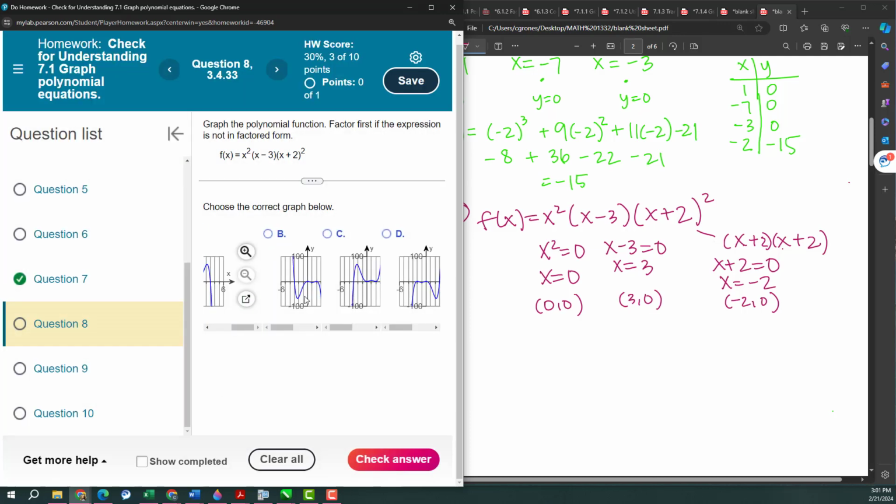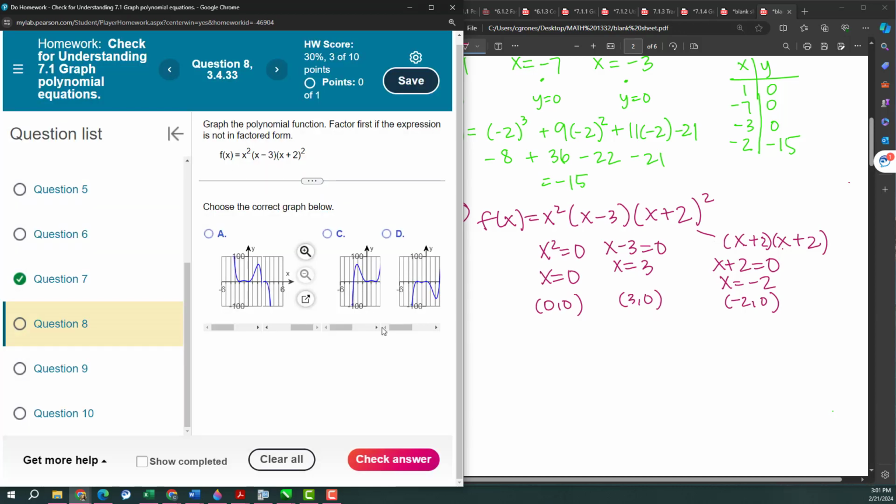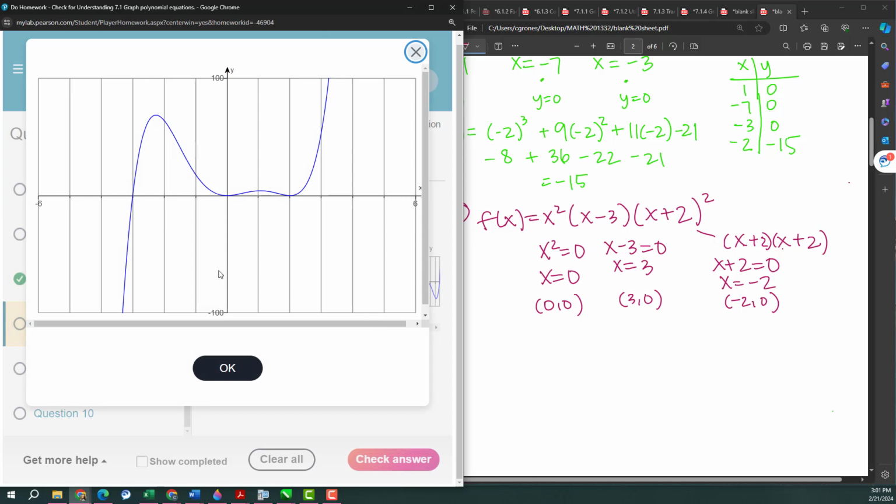Okay, let's look at B. Okay, (0, 0), negative 2, so not B. For C, got (0, 0). Okay, so we don't have (3, 0), we don't have (negative 2, 0). So not C. And then D, (0, 0), (negative 2, 0), and then (3, 0). So it's either A or D.